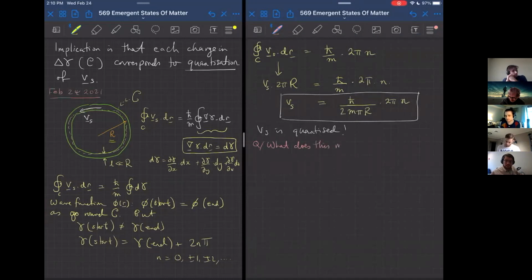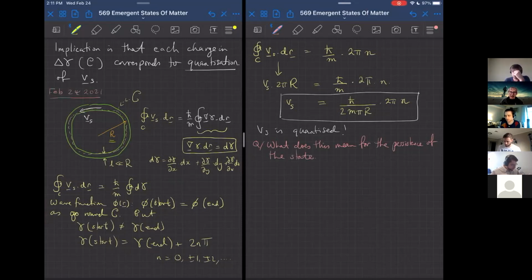So what does this mean? So can I ask a quick question? Yes, you can. Are we assuming that we are starting in a steady state so that the V is constant throughout the curve? Yes. Remember, we've not talked about the time dependence here of how we established it.